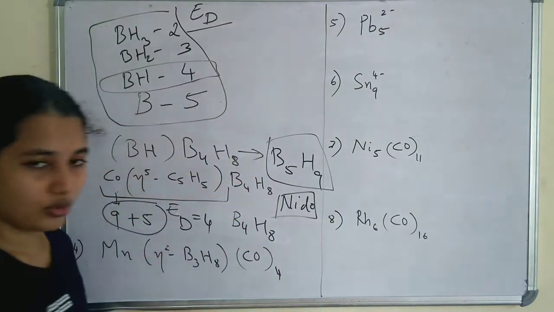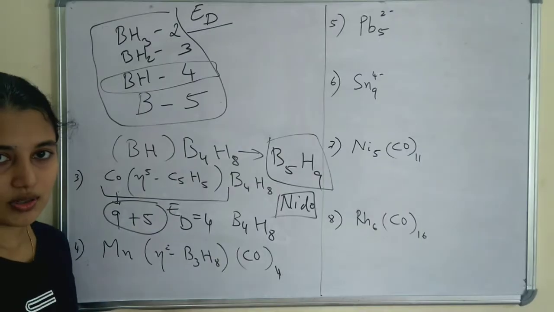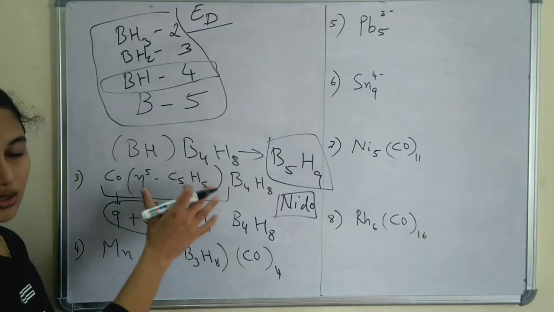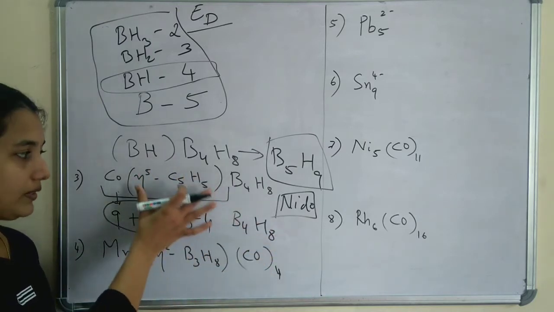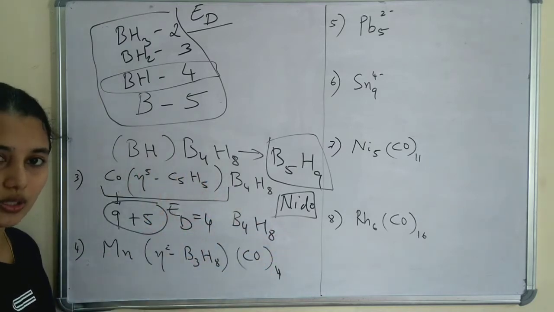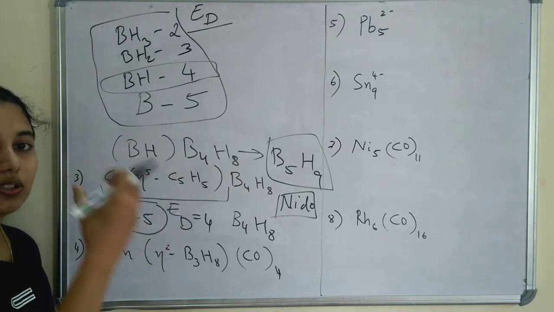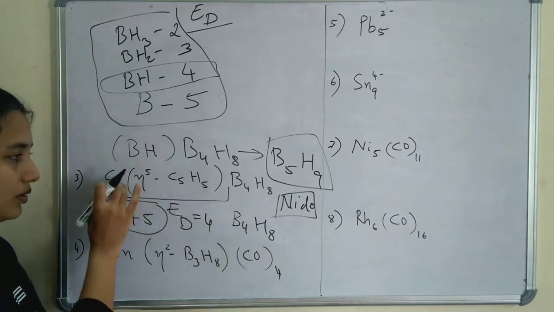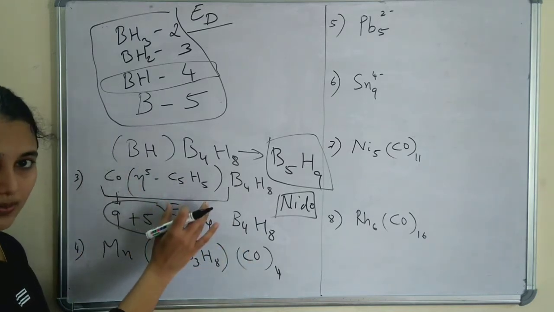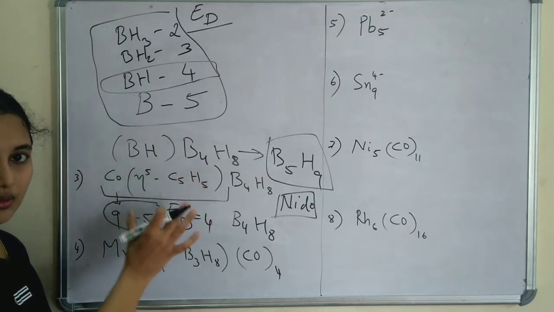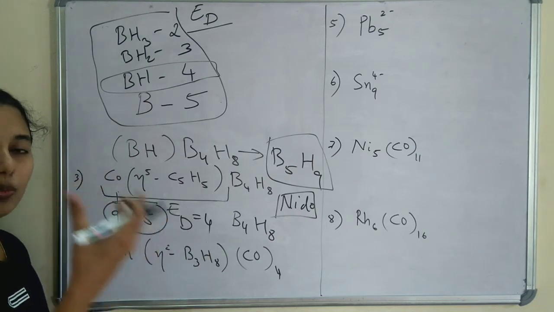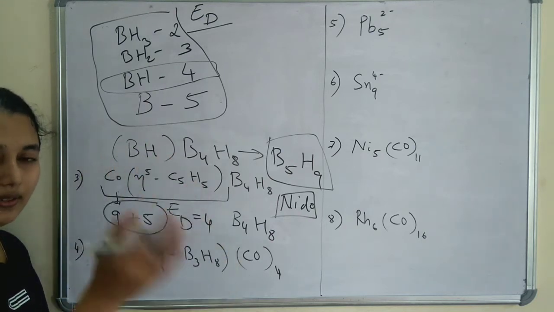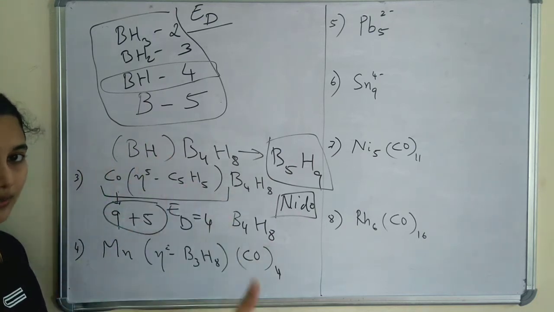So what we have to do is find the electron deficiency of the atom which we want to substitute with borane. How to find the electron deficiency? Count the valence electrons of the metal atom and the ligand, then add. Then find how many electrons are needed to attain 8, 18, 36 and so on.